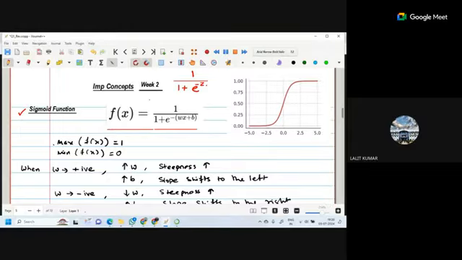First of all, the maximum value of a sigmoid function can be only 1, because if z becomes infinity, then this entire value becomes 0, and max will become 1. The minimum value is 0 because the maximum value which can come here will be what? Anyone?